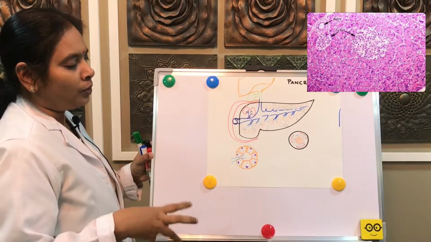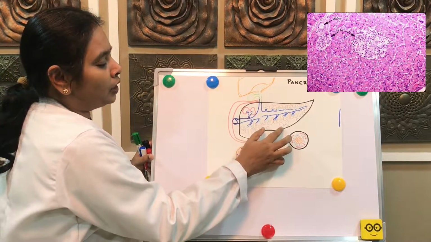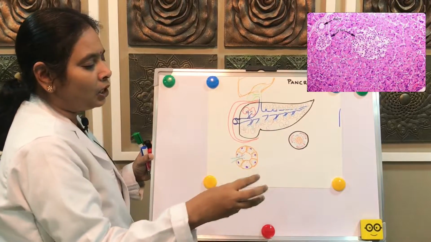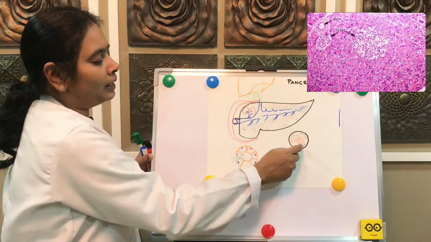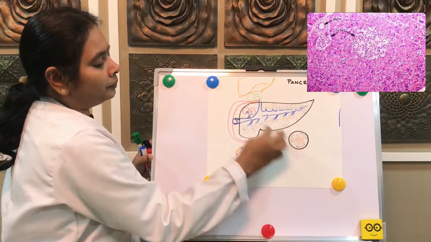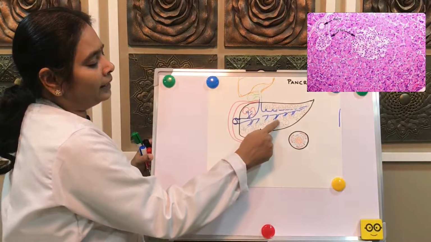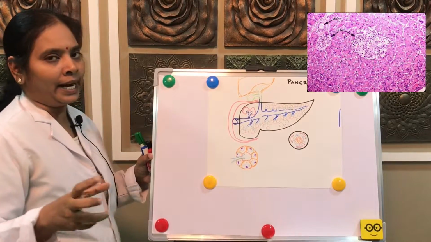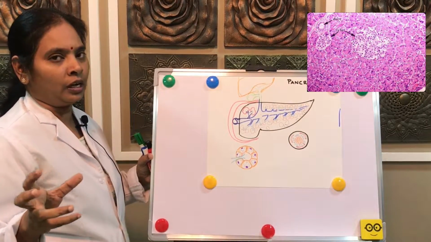And where is the endocrine portion? The endocrine portion is formed as irregular cords around the blood capillaries. These irregular cords of cells around the blood capillaries are otherwise called islets, or islets of Langerhans.